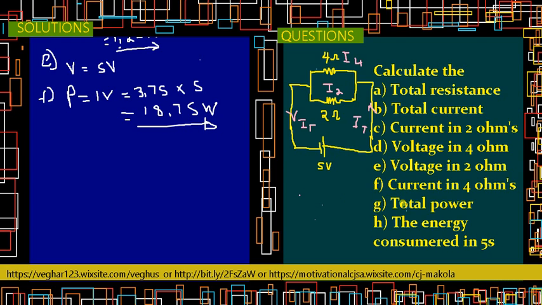Let's check the energy consumed in 5 seconds. Power is work over time, and we want to find the work. So the work is the product of time and power.